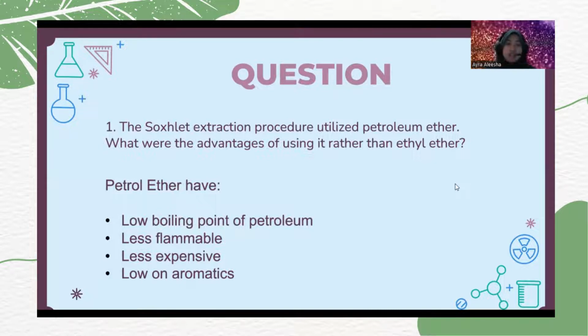Secondly, petroleum ether is also less flammable and less expensive than ethyl ether. And lastly, it is low in aromatics because it was hydrodesulfurized and might be hydrogenated. Thus, it is safer to use in labs.